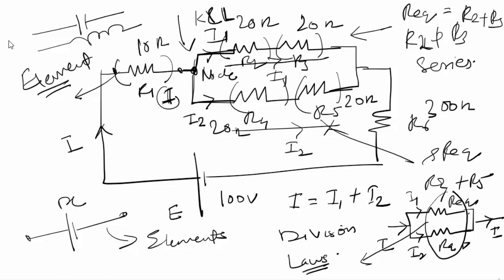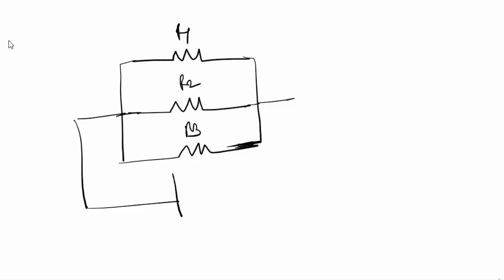Next we will see what parallel circuits are all about. Going into detail, consider three resistors, each of them connected in parallel. This is resistor R1, this is resistor R2, this is resistor R3, and I am connecting this to a source.